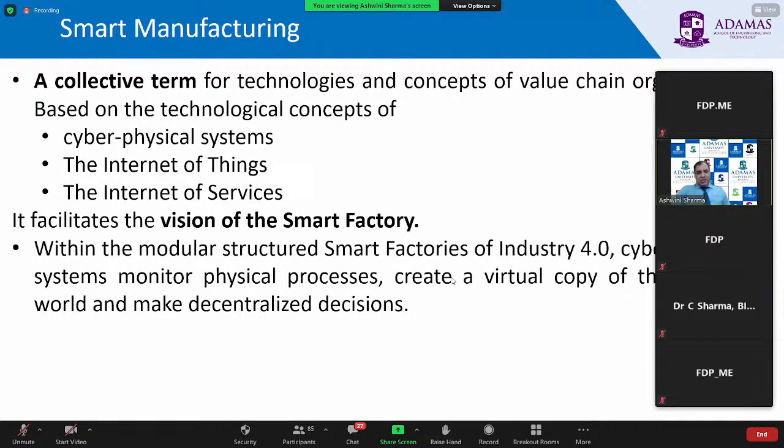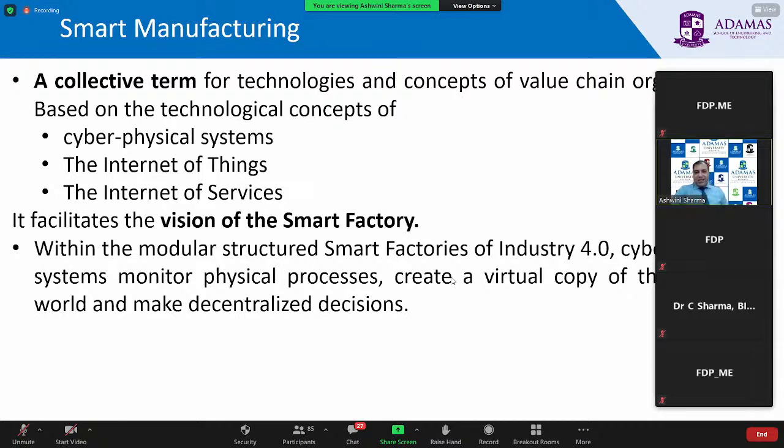Now this is under the modular structure. Cyber physical systems monitor physical processes, create a virtual copy of the physical world, and make decentralized decisions. What is this virtual copy?